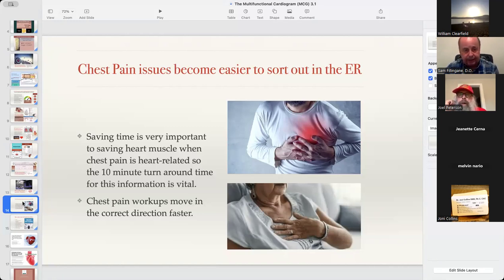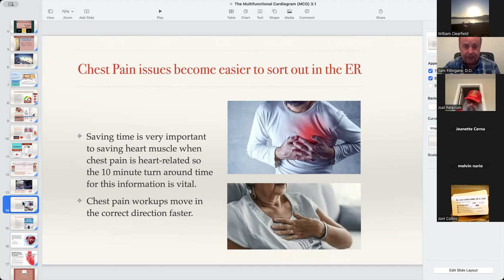The good news was if the score was under 4, 0 patients out of the 455 had a heart attack. So we're looking to see if that's a safe cutoff for doctors across the country in the ER, and we'll know more when we get that 11,000 patient study returned. But suffice it to say, this test is done within a 10-minute time frame.